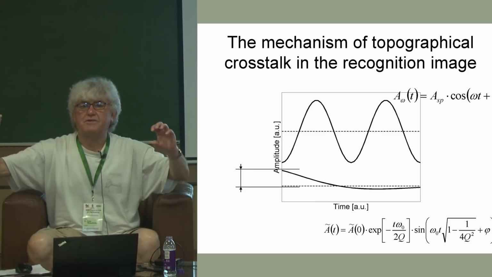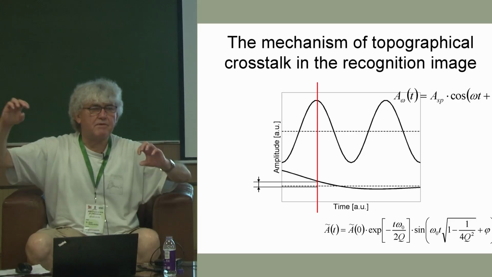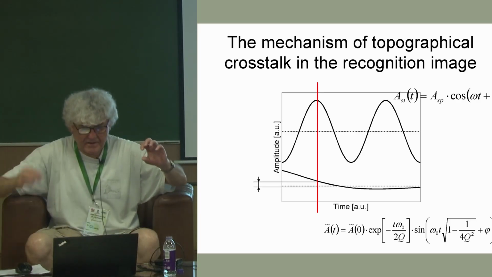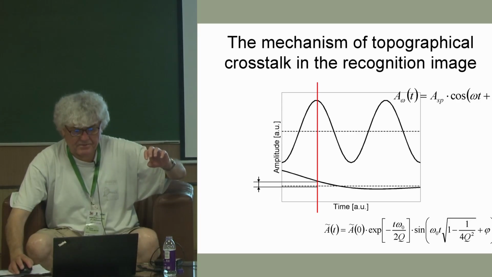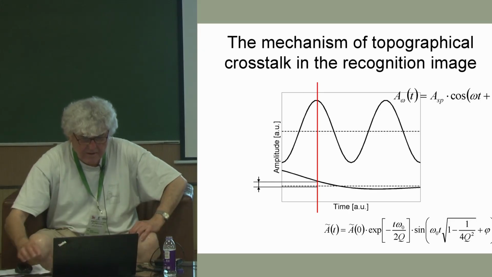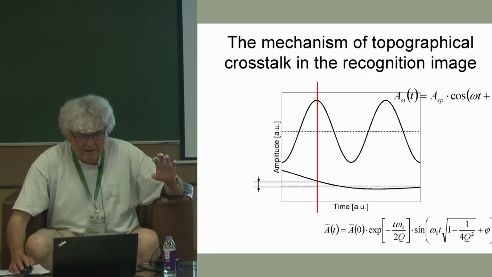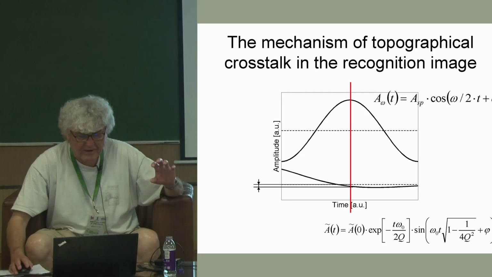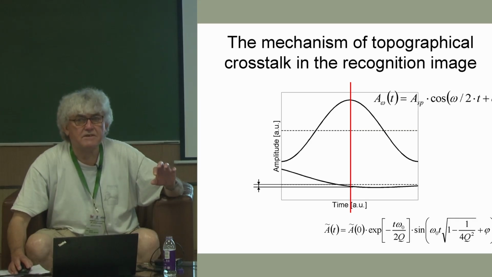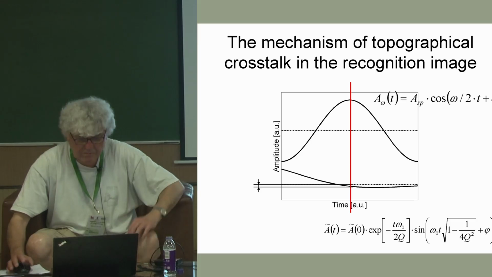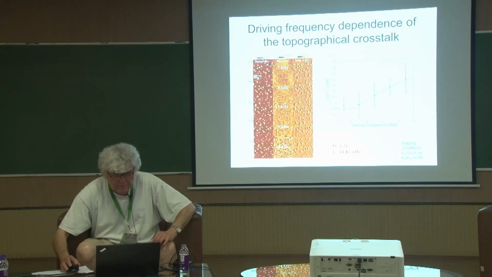This means we have a crosstalk between the topography and the recognition channel if we choose this frequency. If we choose a smaller frequency, this should be fine, because here is topography, recognition, and here the information is lost. So there is no crosstalk between topography and recognition image.